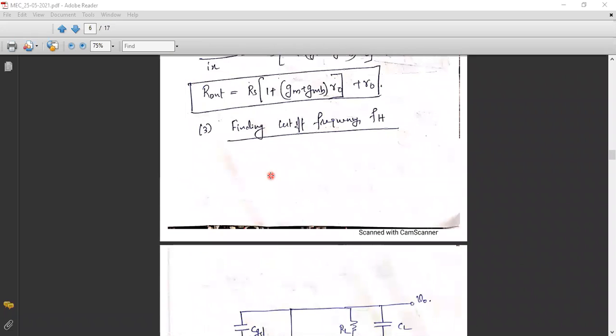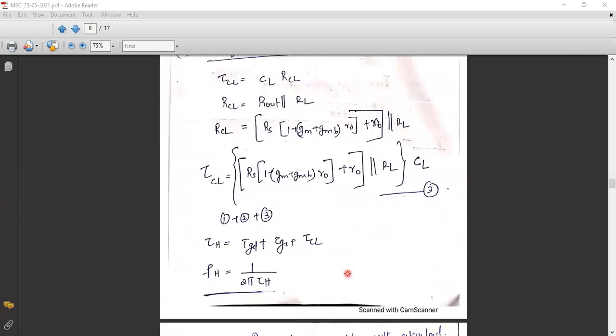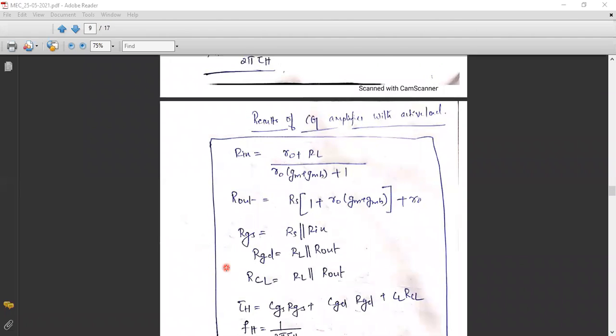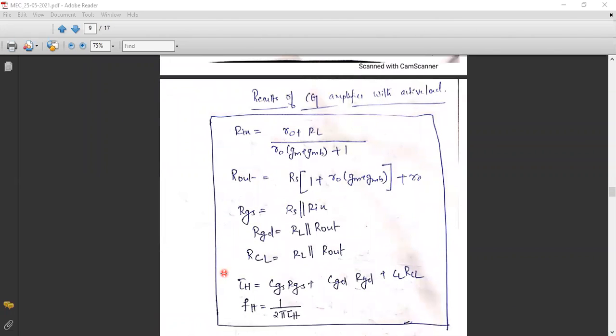So if in the question paper they have asked to derive the frequency response of a common gate amplifier with the active load, you can start from here and conclude the expression. So these are the results that you have obtained for a CG amplifier with the active load. All of you write the consolidated results in a box because you have to remember this for applying to the numerical problems.